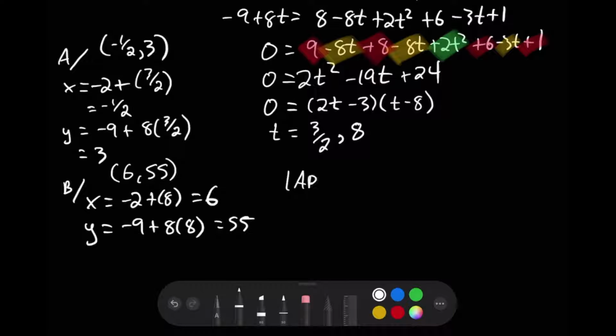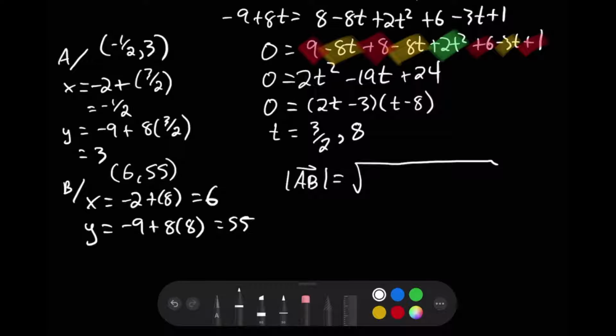Now that we know those points, we can just use our magnitude of our vector formula. So magnitude of AB is equal to, let's take our x values, x2 minus x1, or a1 minus b1.